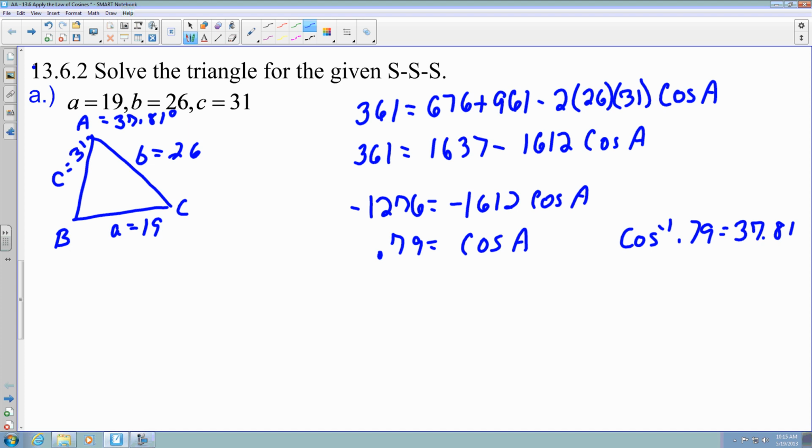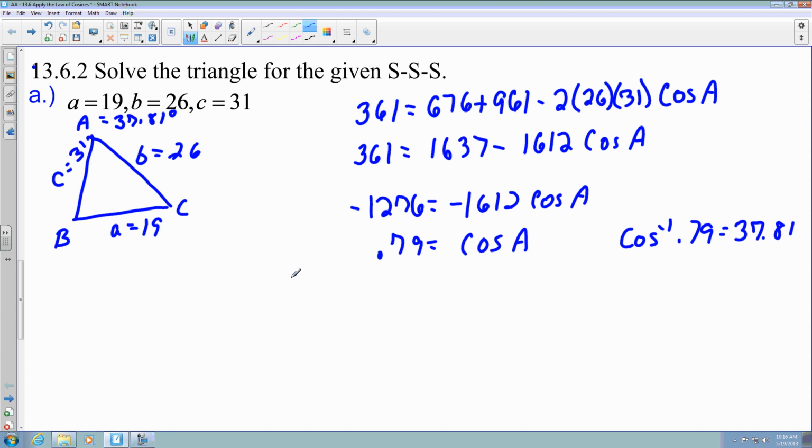We can do that same process for finding either B or C, or we can use the law of sines, because the law of sines says that we can use side-side-angle in order to solve given unknowns.